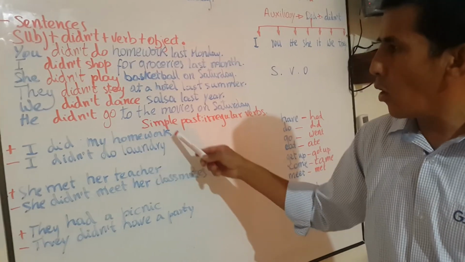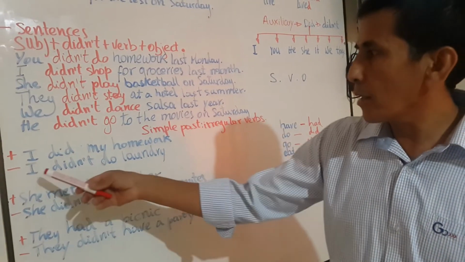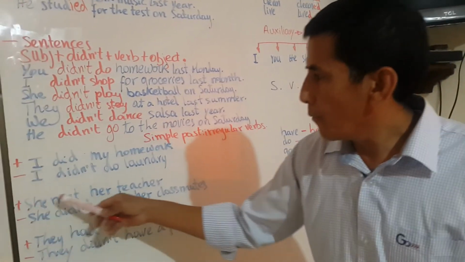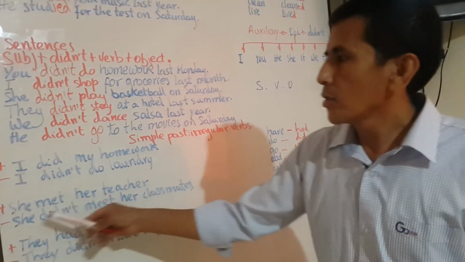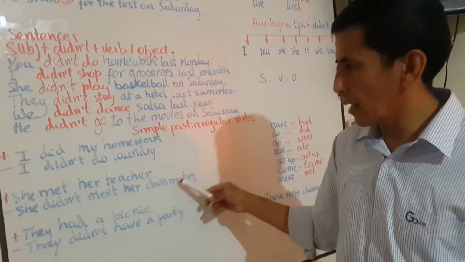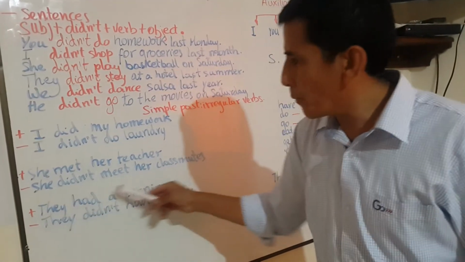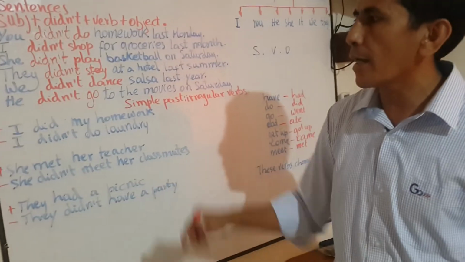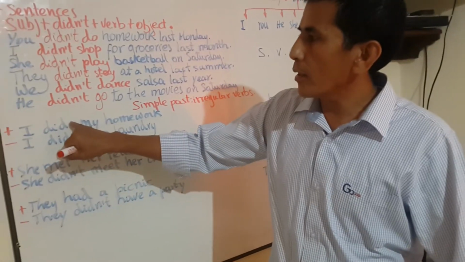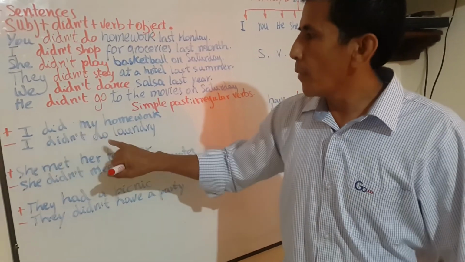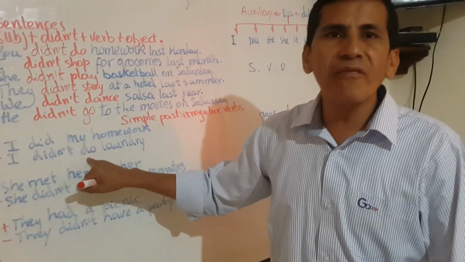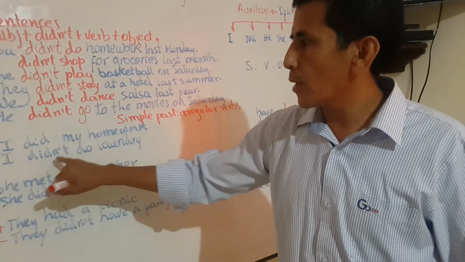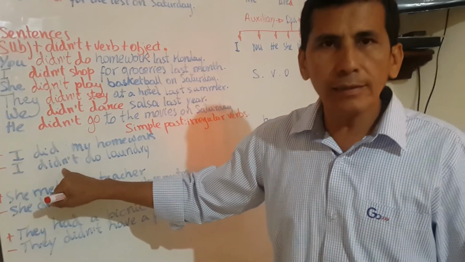Here are the examples, affirmative and negative. I did my homework. So, negative, I didn't do laundry. She met her teacher. She didn't meet her classmate. They had a picnic. They didn't have a party. It's important, again, remember, in the affirmative you are using the verb in past, but in negative the verb is in base form, normal, because you have the auxiliary did.